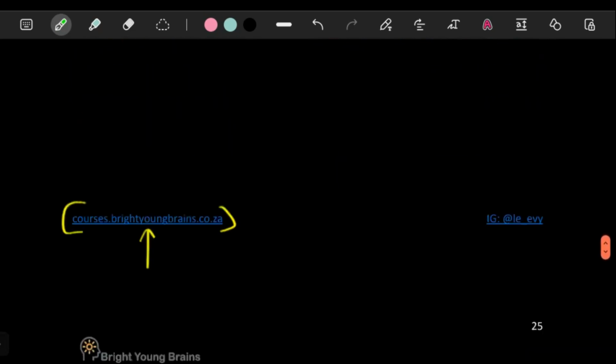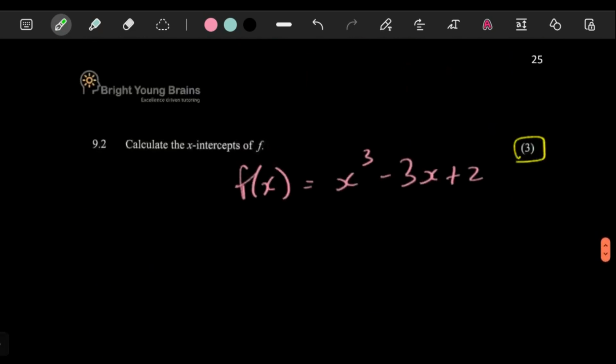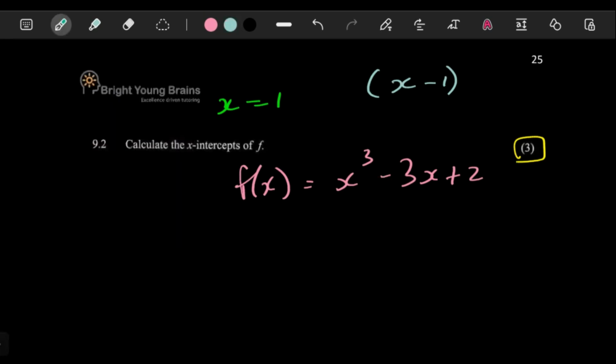Because the x value is a 1, the y value is a 0. So if one of your x-intercepts is equal to 1, it means when this is factorized, one of your brackets is x minus 1. So you can use this x minus 1 to get the rest of the x-intercepts. And this is how you do it.